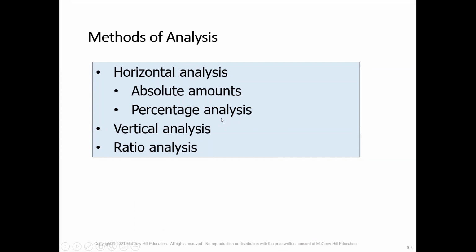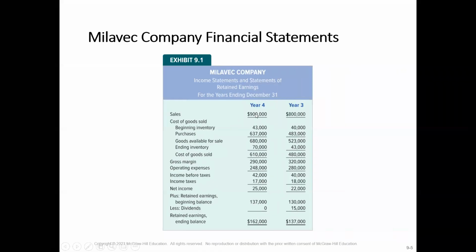So we'll employ both of those techniques in horizontal analysis. Vertical analysis would do the same. And in vertical analysis, you're comparing one figure on your income statement or balance sheet that is used as a base.